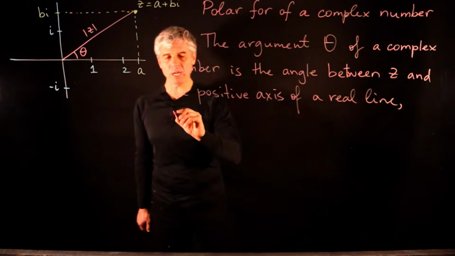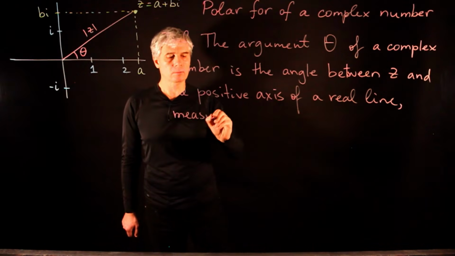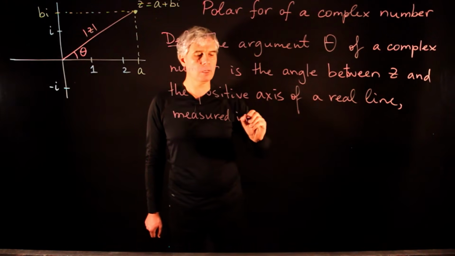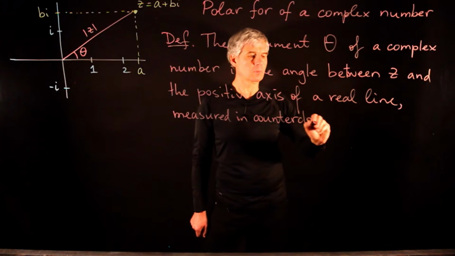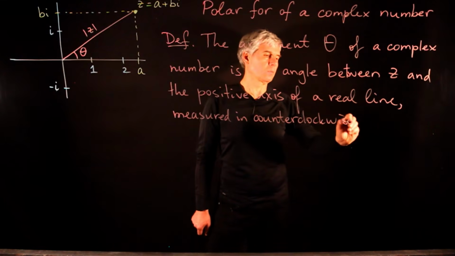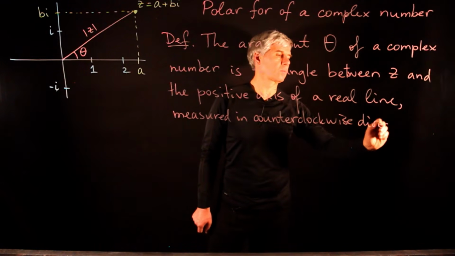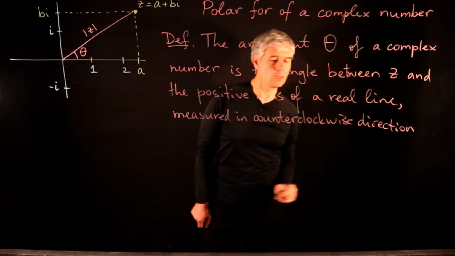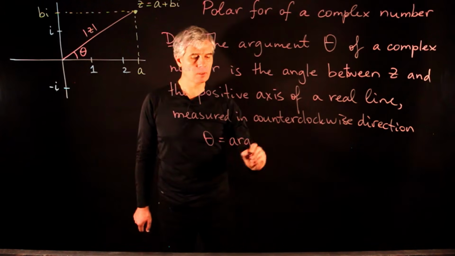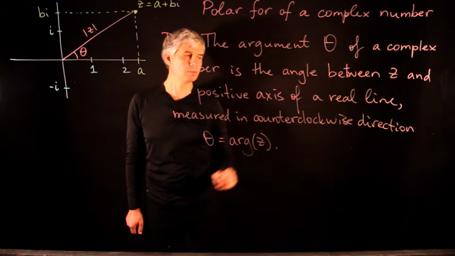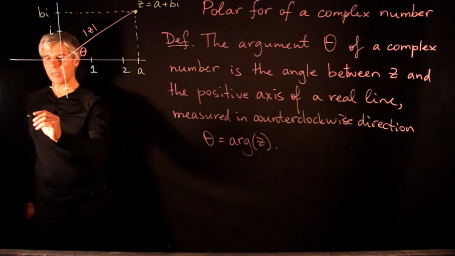And this is measured in the counterclockwise direction. And the notation is that theta is the argument of z. Now let us look at some examples.